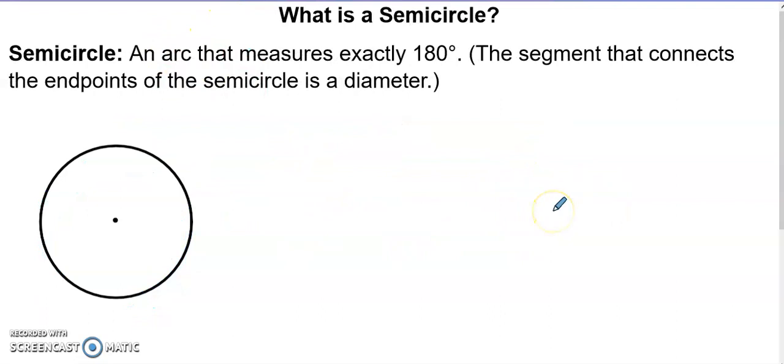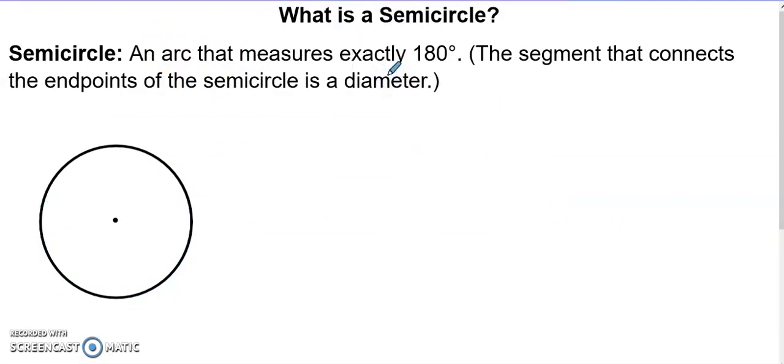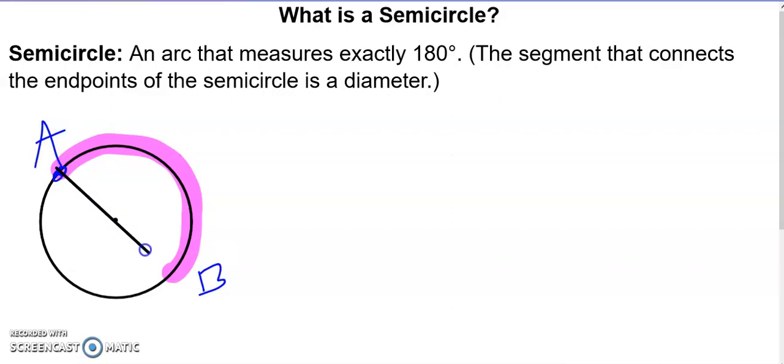Lastly, we have a semicircle. A semicircle is my last type of arc. It measures exactly 180 degrees. So if we were to trace that circle, this arc would be exactly 180 degrees. And what's cool is if you connect A and B with a segment, you know that segment is a diameter.